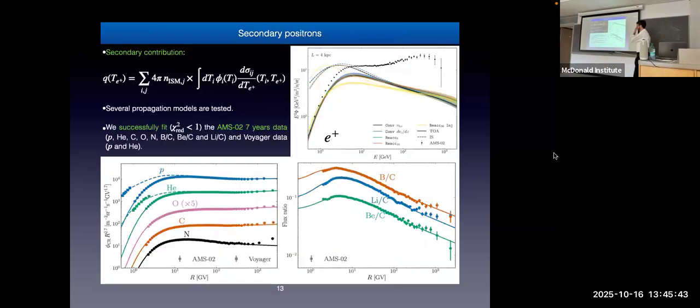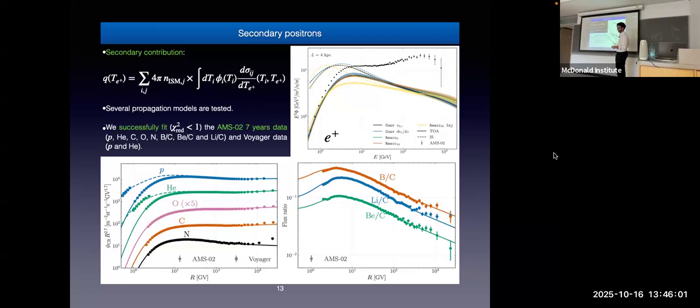Okay, so now we have the cross section. Let's have a look again at our source term for secondary positrons. So we have the cross sections, fine, we have a good model for that. We still miss the cosmic ray flux that interacts with the ISM and produces positrons in the final state.